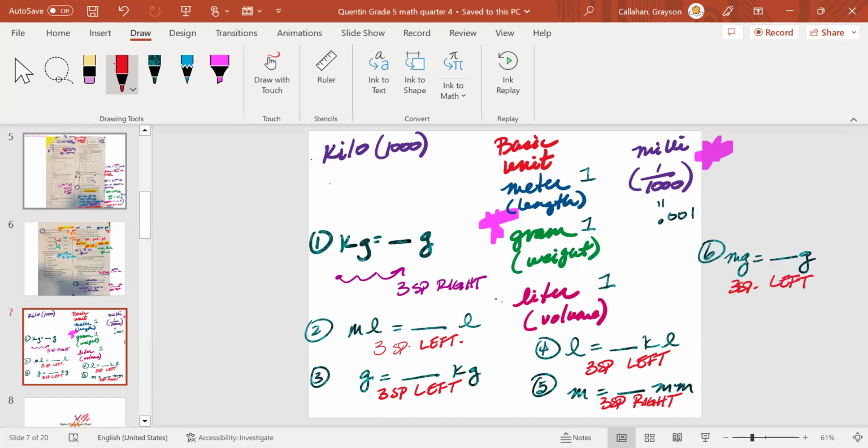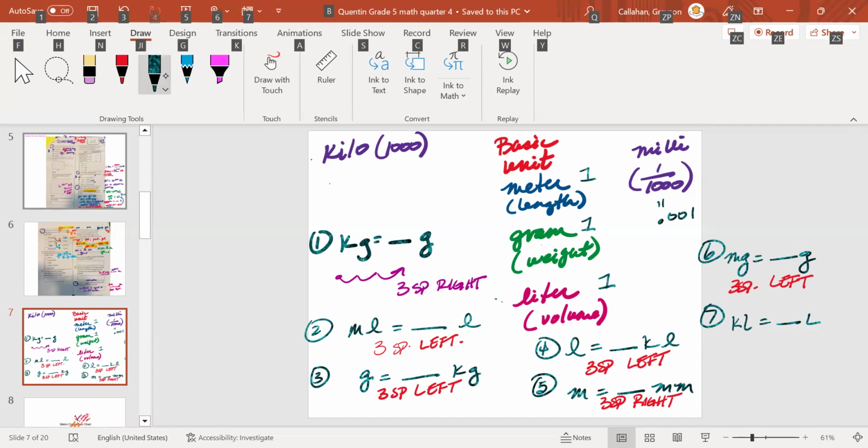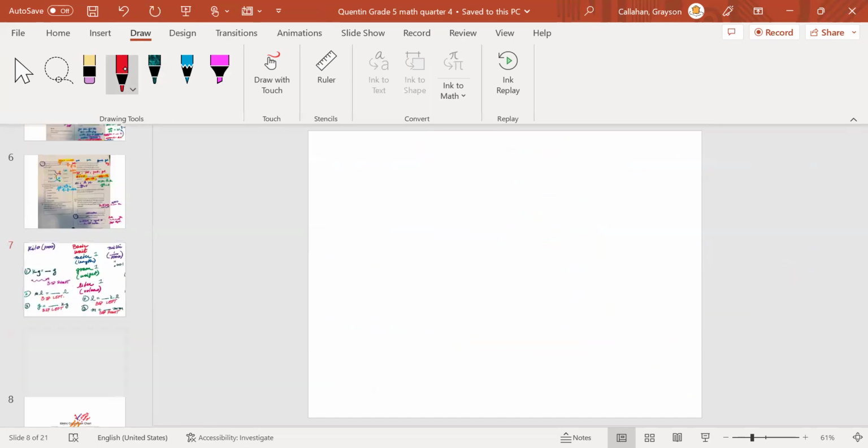It's always 3. Let's try again. Number 7. Kiloliters equals how many liters? How many spaces? You're getting better with this, but I feel like we need to practice this weekend, okay?